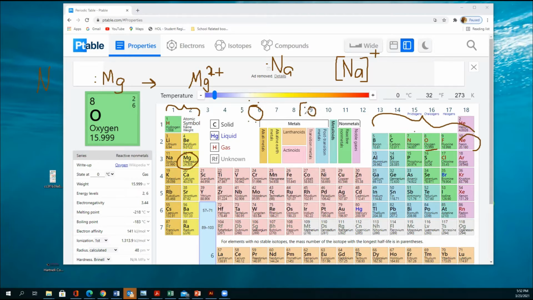Now it has 8 around it, and it's just like neon.